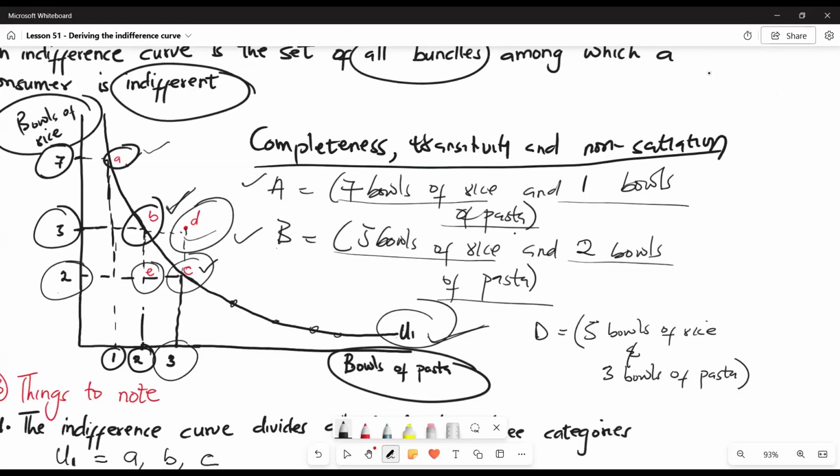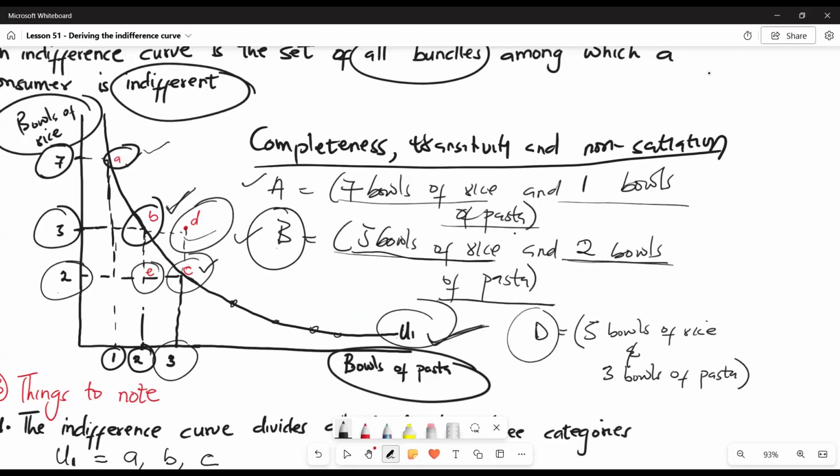So remember from our previous lesson that the assumption of non-satiation tells us that as long as there is more in a bundle, that bundle should be preferred over other bundles with less. So if Ella says that 5 bowls of rice and 2 bowls of pasta gives her a particular level of satisfaction, represented by point B here, and on the indifference curve U1.